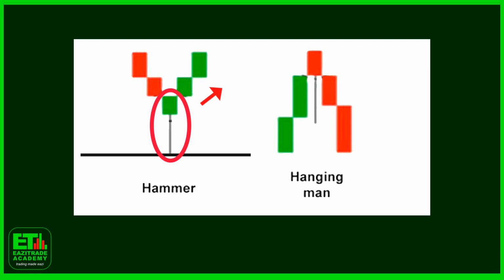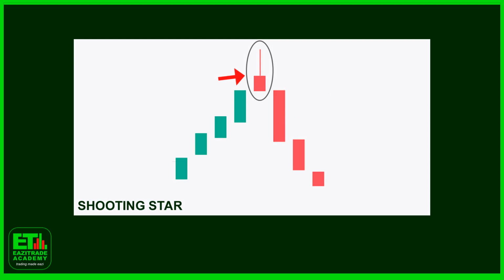But when you see this shooting star, which is an inverted hammer, formed at the resistance zone, this is a signal that the market is about to change direction and take a dive to the downside. Like I told you, candlestick patterns are the languages of the market.